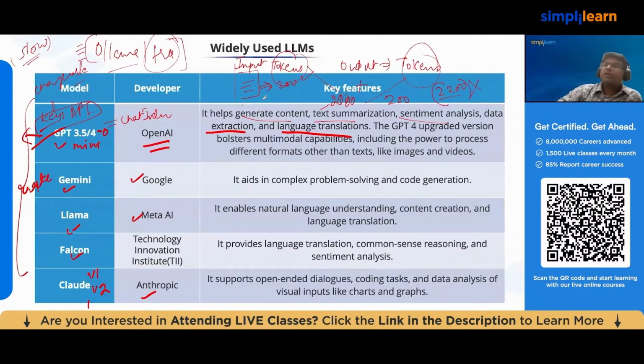So this is the gist of GPT. They give you the APIs for free, and they say that up till this many tokens you are free, but if you exceed your tokens, then I will charge you. And the token cost, how they calculate: in the input text, every word is converted into tokens.